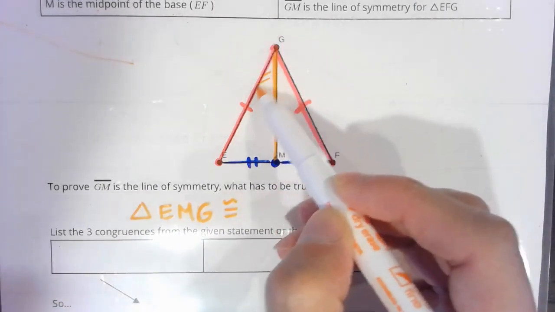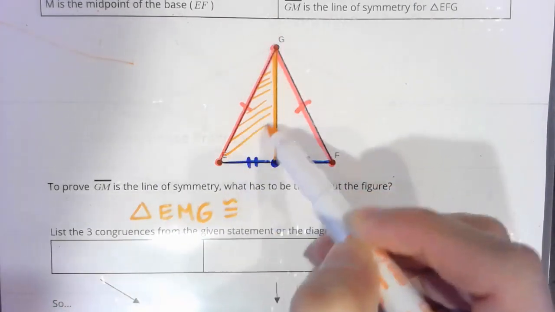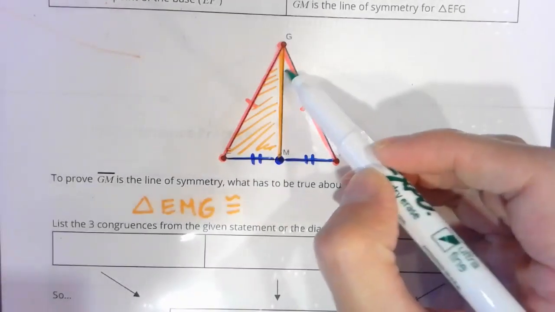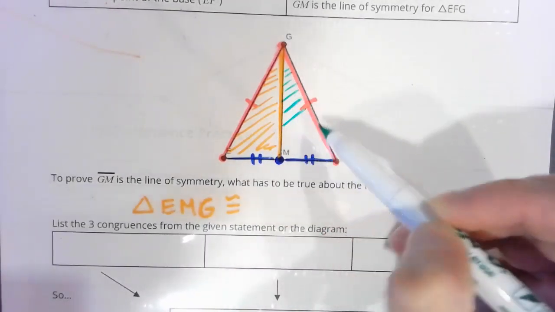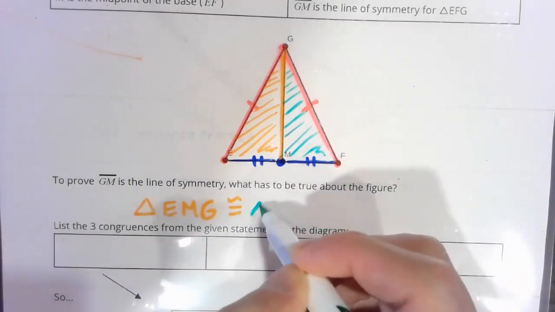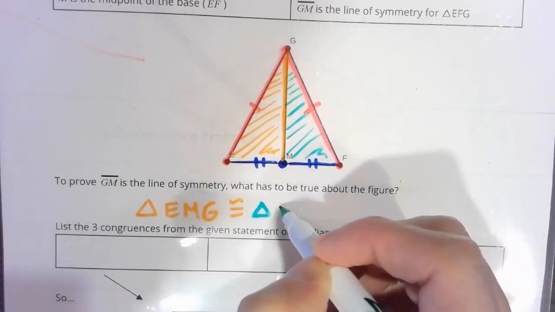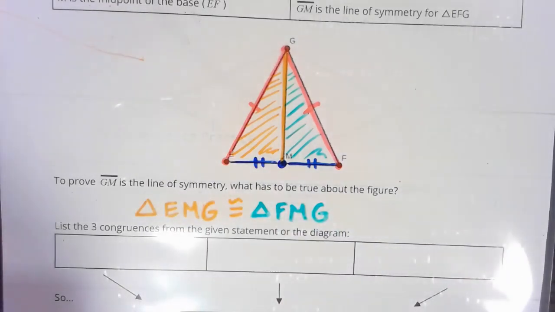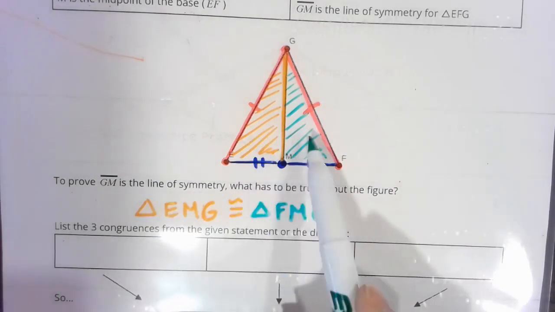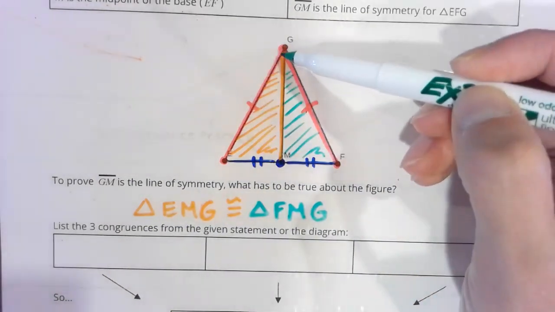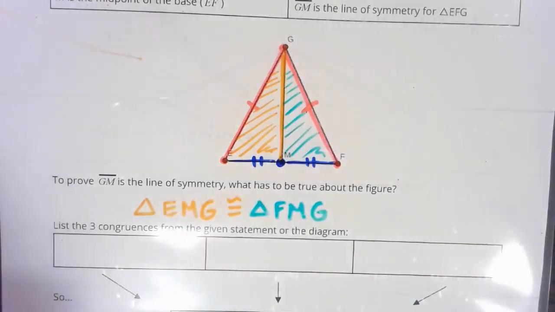Right, this is the triangle on the left. And this is the triangle on the right. So triangle EMG has to be congruent to triangle FMG. If I can prove that these 2 triangles are congruent to each other, then I can prove that this is a line of symmetry.